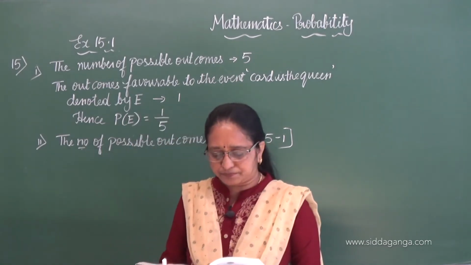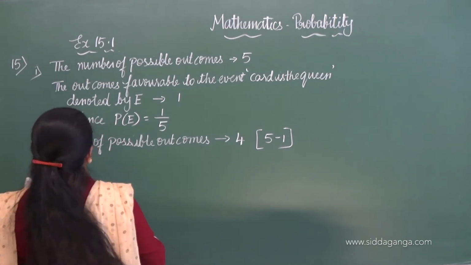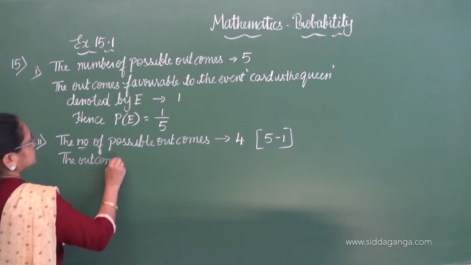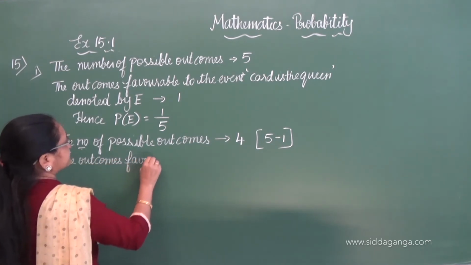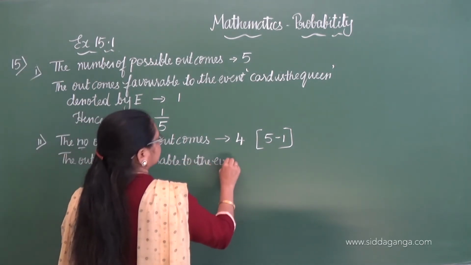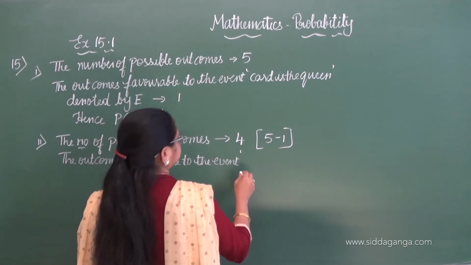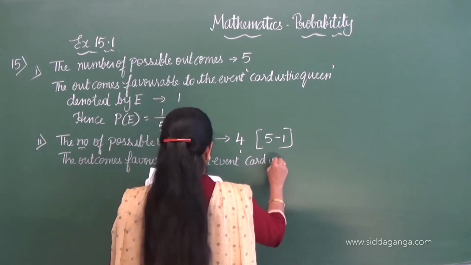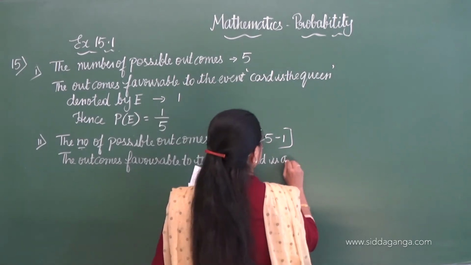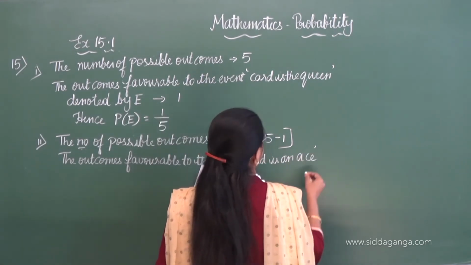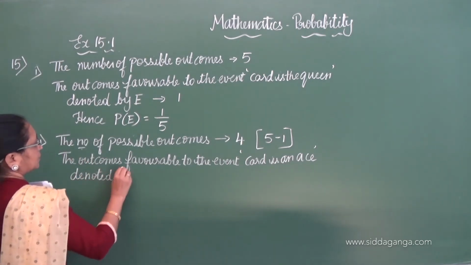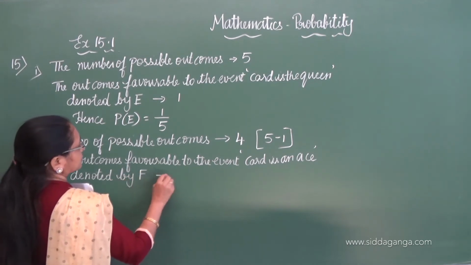Next, getting an Ace. So the outcomes favorable to the event, the card is an Ace, denoted by F. How much?